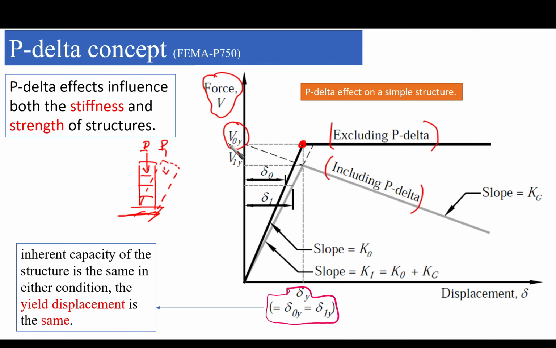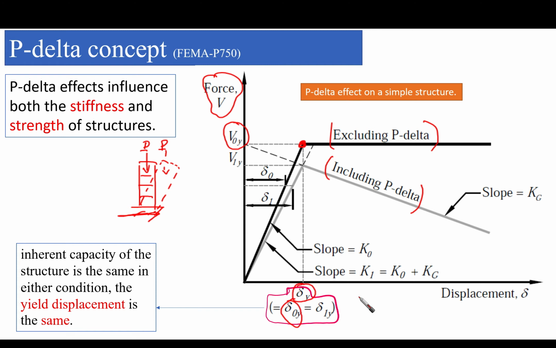Y, which means that it is the original building base shear at yield, the level of force that is going to distinguish between the elastic and inelastic part of the structure. And the corresponding displacement we are going to denote as delta yield, or delta node yield.